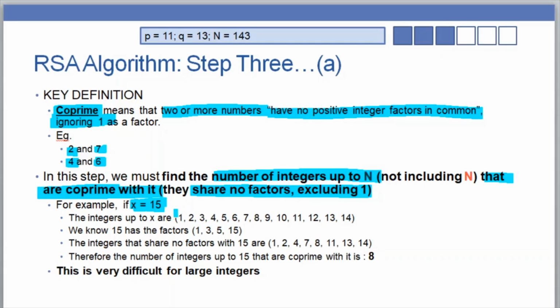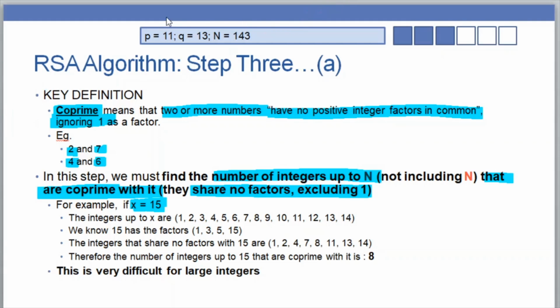So first thing we'd do is we'd list the integers up to x, not including x itself. So this would be 1, 2, 3, 4, all the way up to 14. Then we would see if any of these share factors with 15's factors, not including the trivial factor of 1.